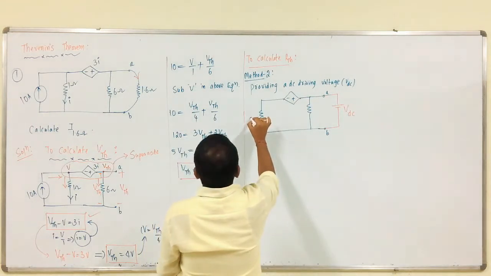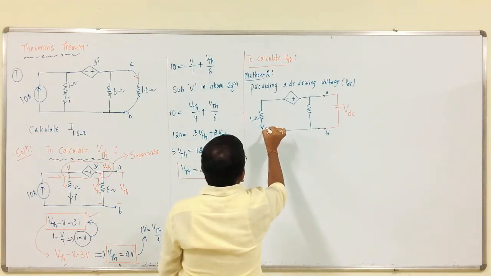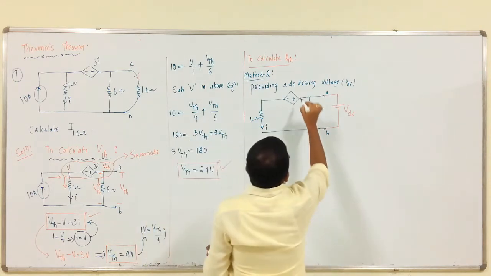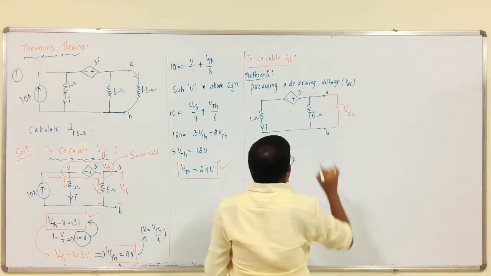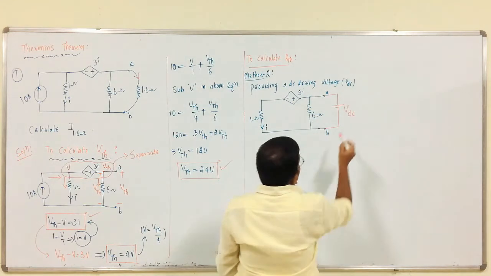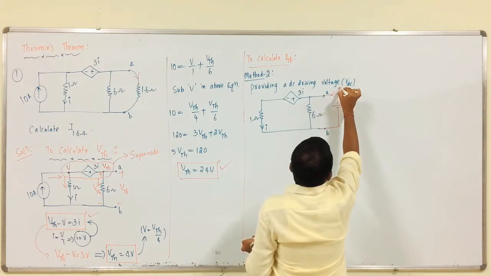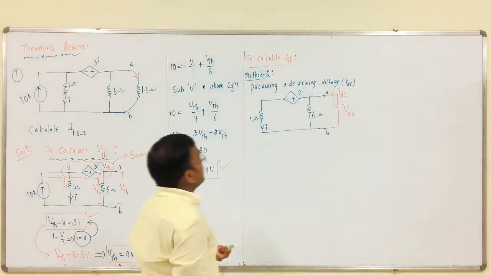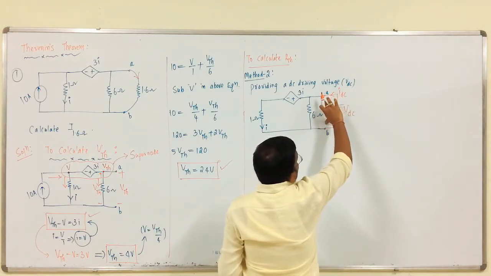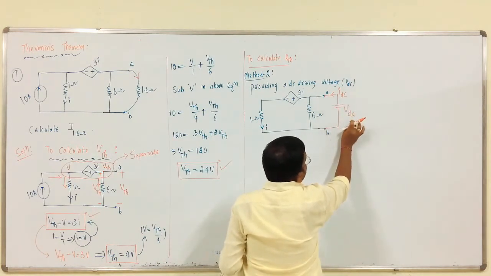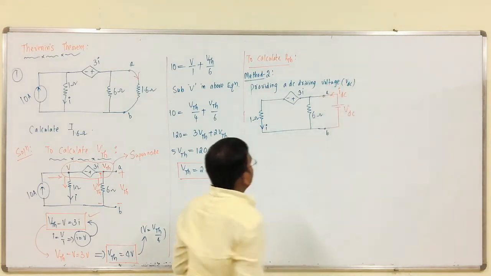So, this is 1 ohm branch, this is I, this is 3I, this is 6 ohm branch. So, due to the application of this VDC, we have a current, that is IDC, through this load terminal, this is the load, right. So, due to the application of VDC, we have a current through this load terminals, clear.